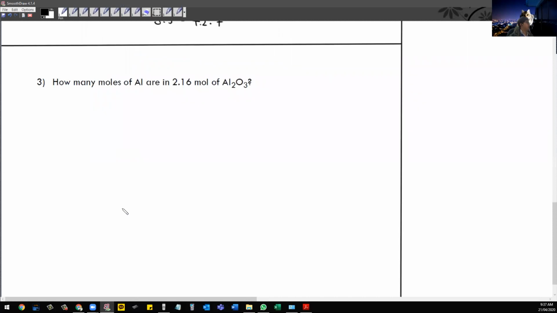Number 3 is how many moles of Al are in 2.16 moles of this? Okay, so we're going to establish the equation again. So with 2 Al atoms, 3 oxygen atoms combined together to give 1 aluminium oxide, right?